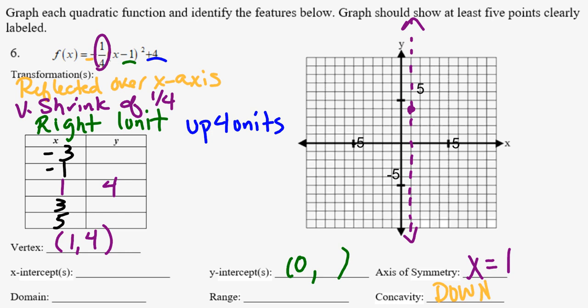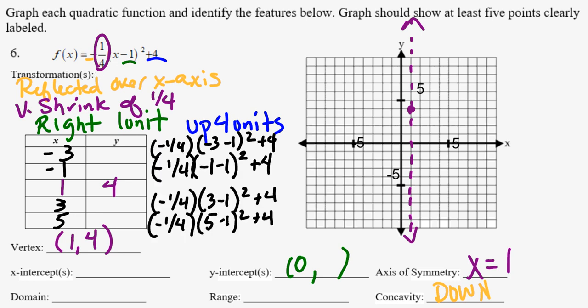As you're deciding on what values to select, it could be any ones that you choose. It's a good choice to also select an input of 0 because that would tell you your y-intercept. And whatever x values you're choosing, you're just putting them into your pattern and doing your quick calculation.